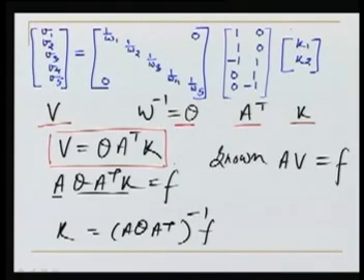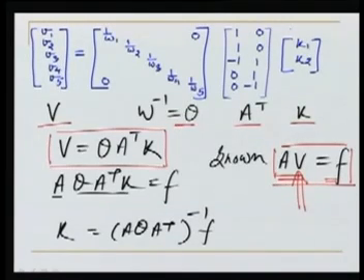Now over here, we know that AV is F. We know it because this is how we had formed our initial equations. AV is equal to F. Now in this, we are replacing this V by theta A transpose K. So A times theta A transpose K is equal to F. Well, from here, can we find K?